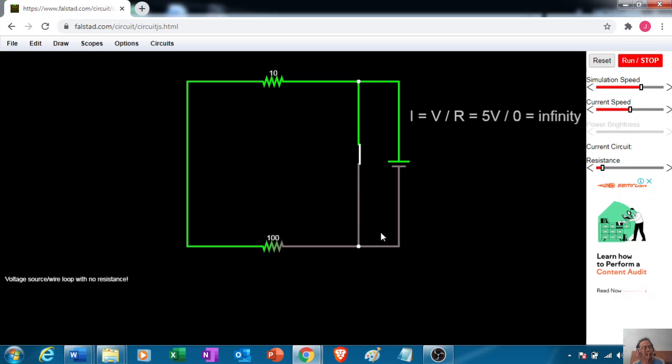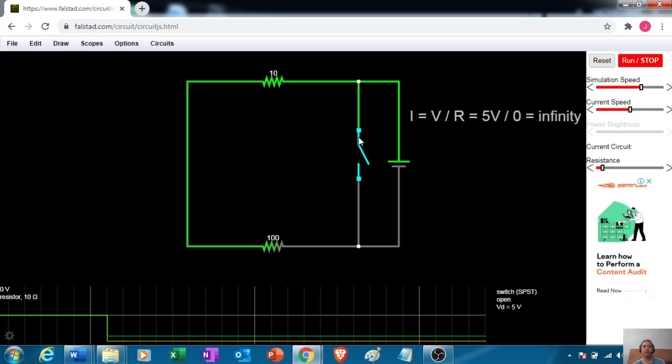Okay, so what is meant by short circuit is actually putting wires or switches across the positive and the negative terminal of the battery with almost zero resistance. Okay, or zero resistance or almost zero. Okay, so it will explode, it will damage the circuit.